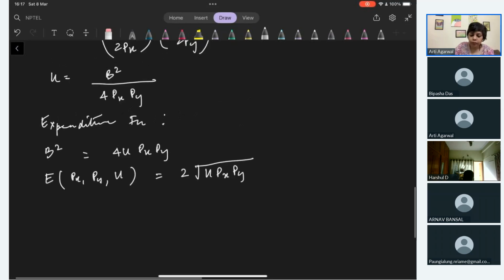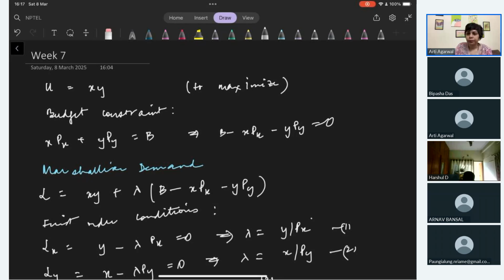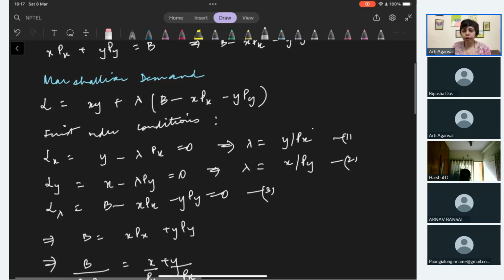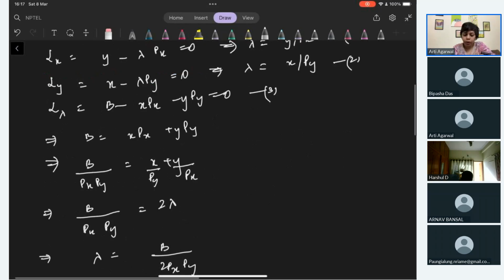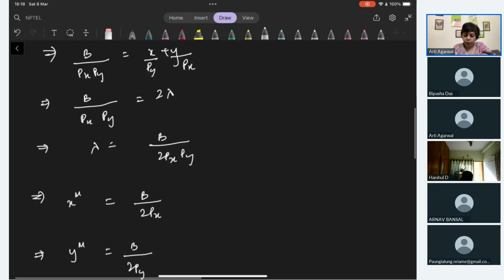So far, all we have done is derive the Marshallian demand for the two goods using the two equations we were given. All we were given was the utility function and the budget constraint, right? We can do the same thing using other methods also. You can do MRS equal to MRT, or you can substitute for x or y. You'll get the same answer. I just wanted to introduce the Lagrangian method also because we didn't cover it last time. So we wrote a Lagrangian for the utility maximization problem, and we solved it. We got the value of lambda, the Lagrange multiplier, in terms of b, px, and py.